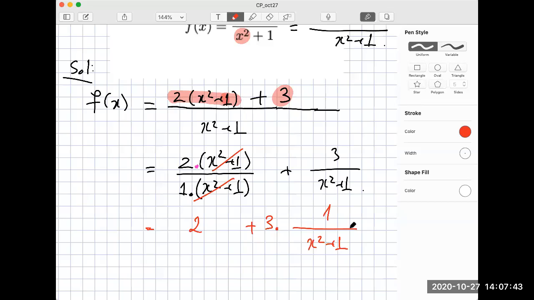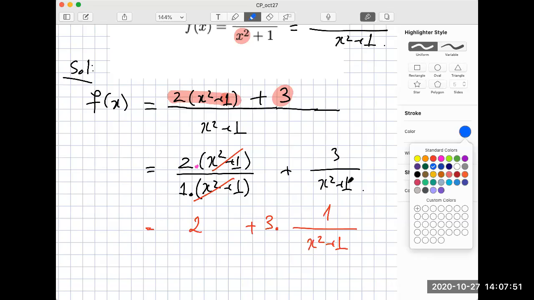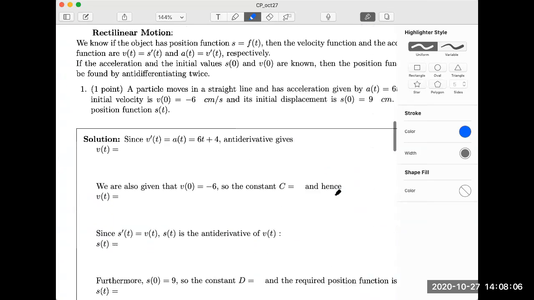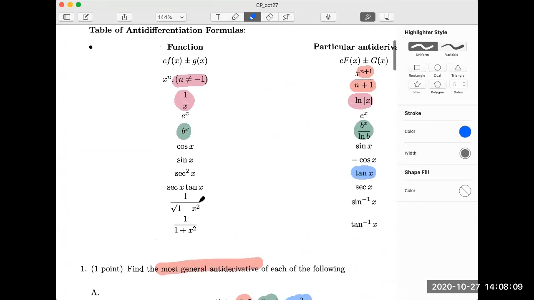Then now, 2 is a constant, so we can find the antiderivative easily. This guy is 1 over x squared plus 1. So here is the formula, right? The antiderivative of 1 over x squared plus 1 should be the inverse tangent.